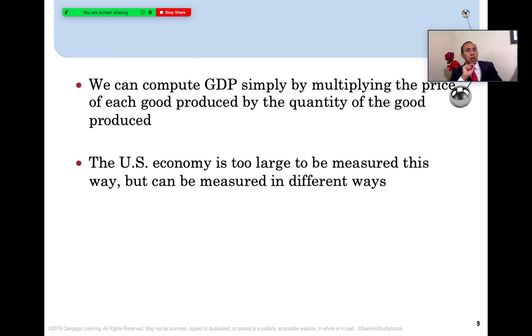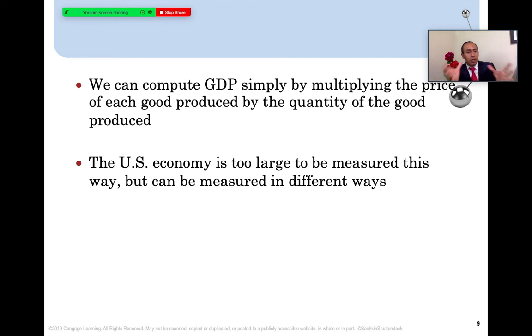The US economy in real life is too large to measure the price of every good and the quantity of every good. There could be thousands of goods, and we will have to add all of them for 1 year. And it could be measured using other methods.